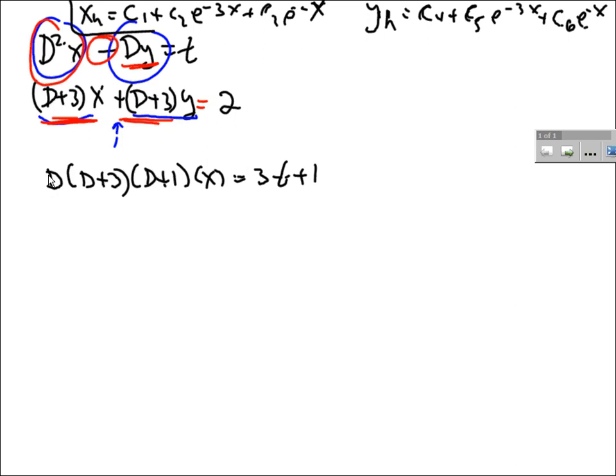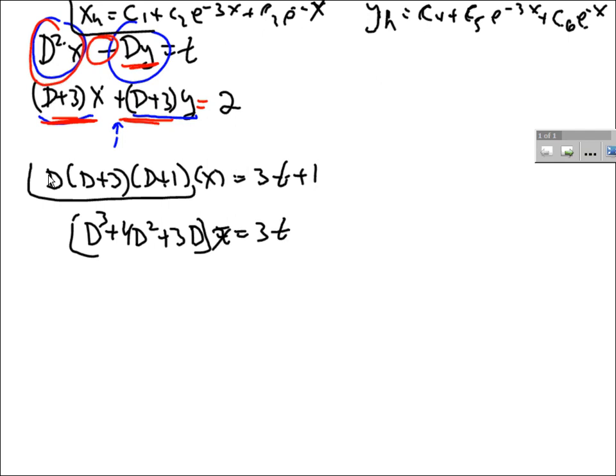That is distributing this out. You get d cubed plus 4d squared plus 3d on x is 3t plus 1.